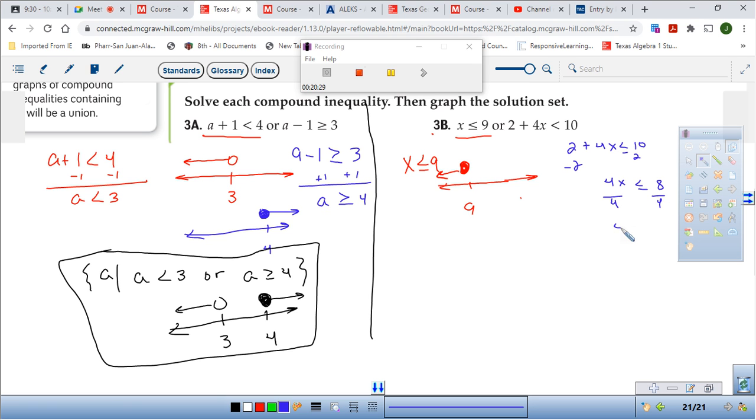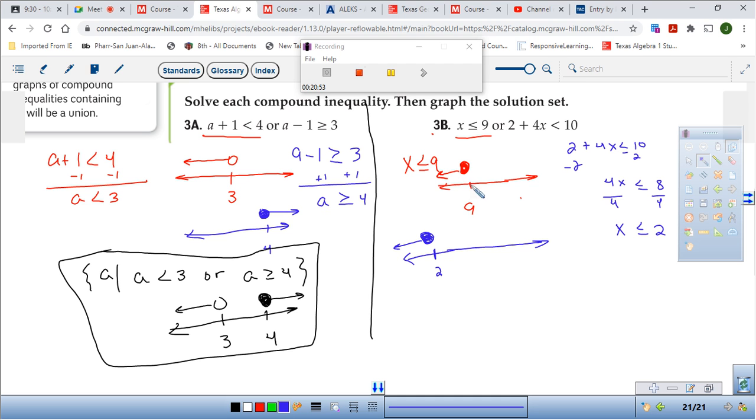And then we're going to go with x less than or equal to 2. So on this number line, 0, 1, 2, 3, 4, 5, 6, 7, 8, 9, right? I'd have a 2 on the left-hand side, and I'd be going to the left. Shade in.